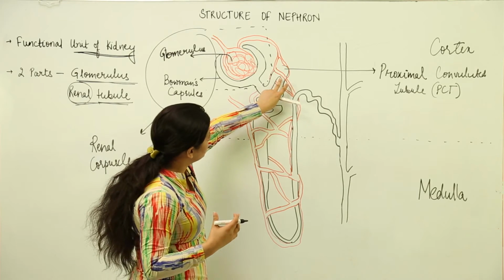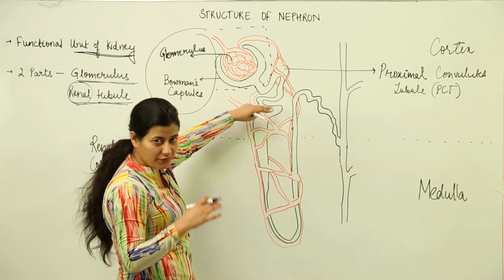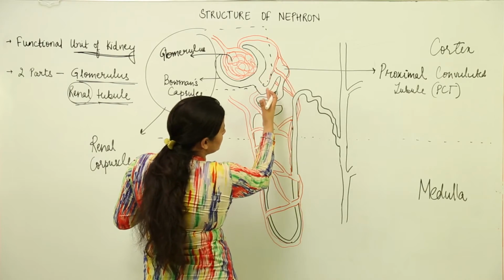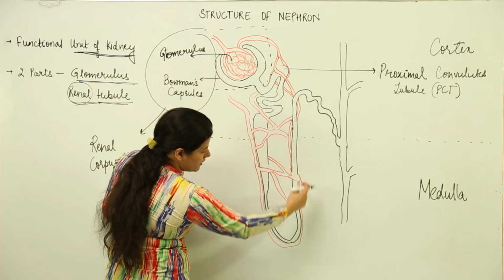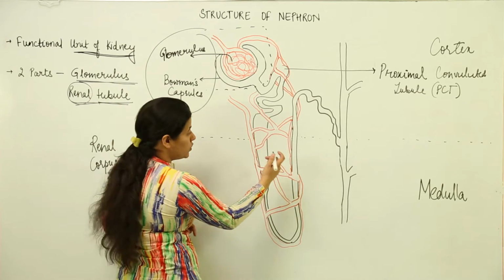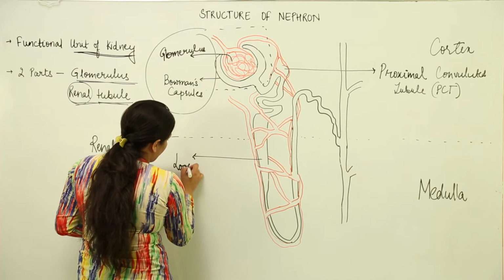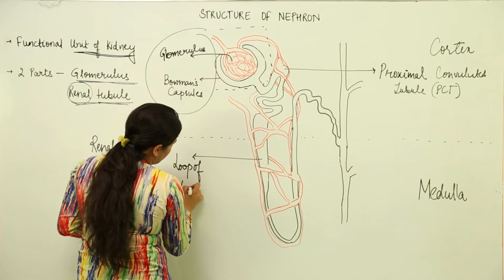Absorption has started taking place from the proximal convoluted tubule itself. If we have to analyze the mechanism of urine formation, this proximal convoluted tubule leads to a hairpin-like structure. This U-shaped structure is known as loop of Henle, or we call it Henle's loop.